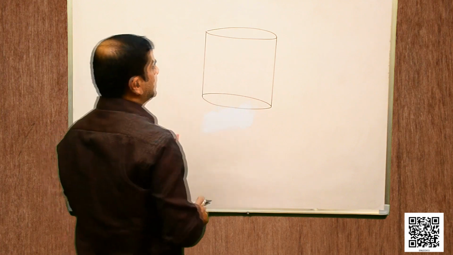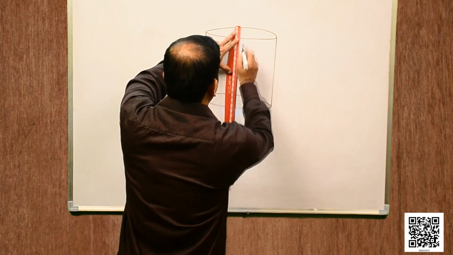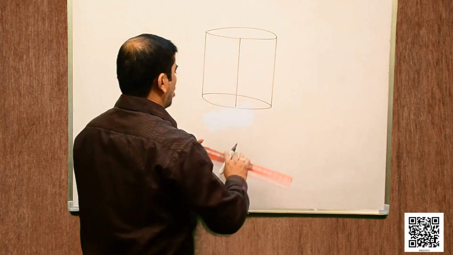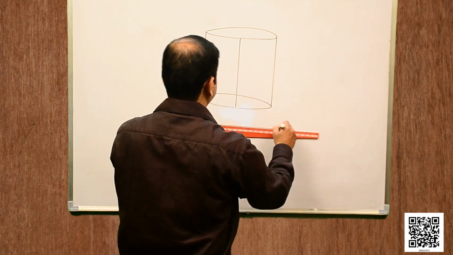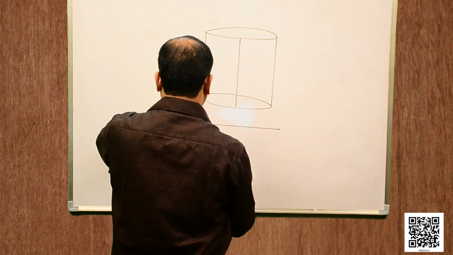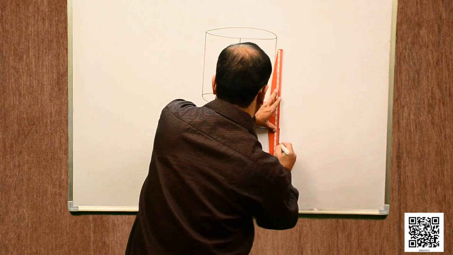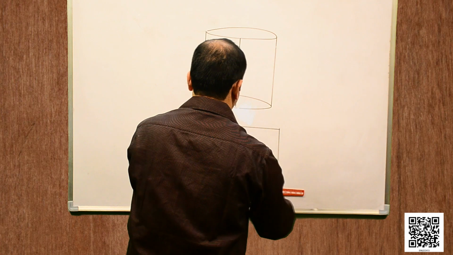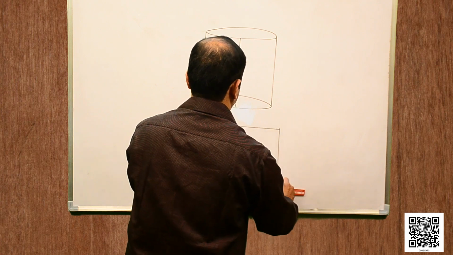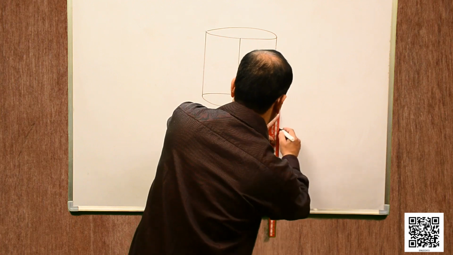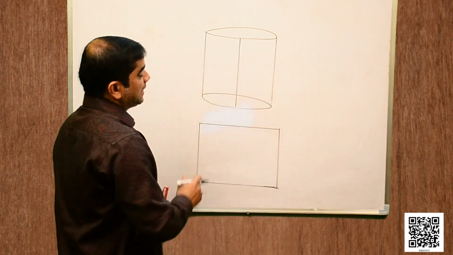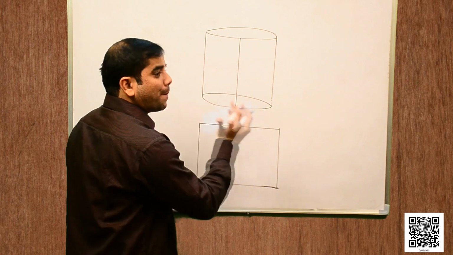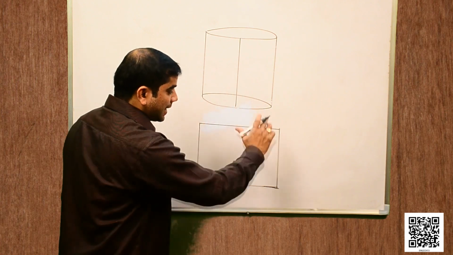This is a cylinder, and if I cut it from one side and open it, then we will get a rectangle.